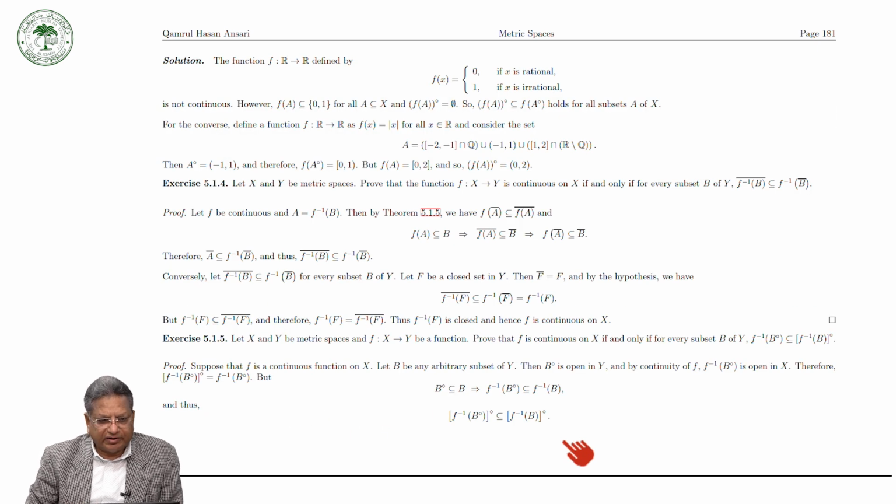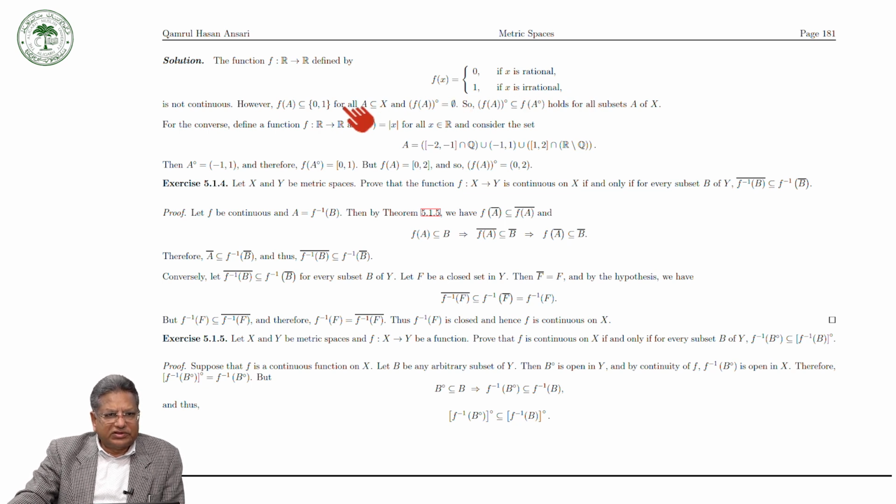For that I have already provided the solution. The solution is the following. Suppose f is a function from R to R defined as f of x is equal to 0 if x is rational, and f of x is equal to 1 if x is irrational. Then of course this function is not continuous.